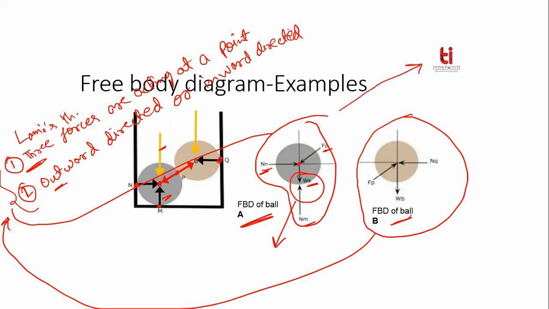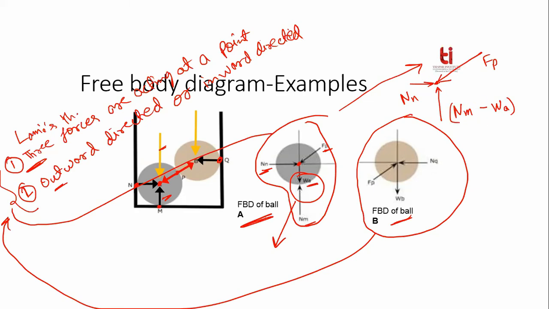At point A, you can draw an FBD in this form as well. So suppose this is your FP, this is your force N, and you can say that this force is N minus WA. You can consider these two forces as a single force.